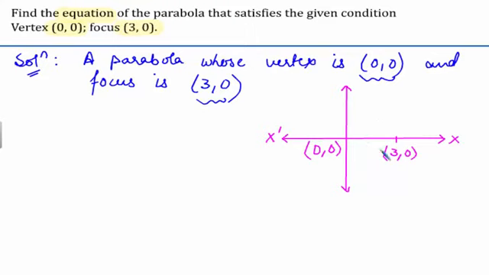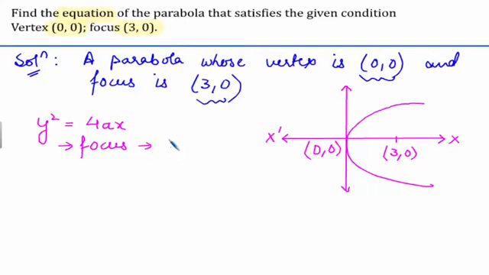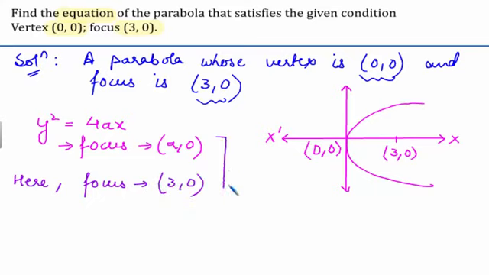We know that for this type of parabola, the standard form of the equation is y² = 4ax, and for this parabola the focus is given by (a, 0). Now here we are given that the focus has coordinates (3, 0). So on comparing these two, we see that a is equal to 3.